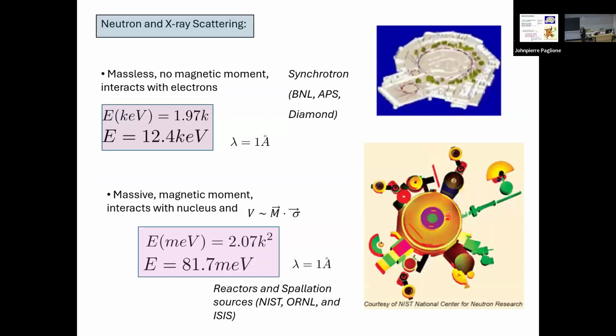Thanks. Okay, I know tomorrow that you're going to have a tour of the NCNR, but I wanted to just spend a few minutes making the case for neutron scattering. With any experimental technique, you basically want to always match the resolution of the technique that you're using to what you're measuring.